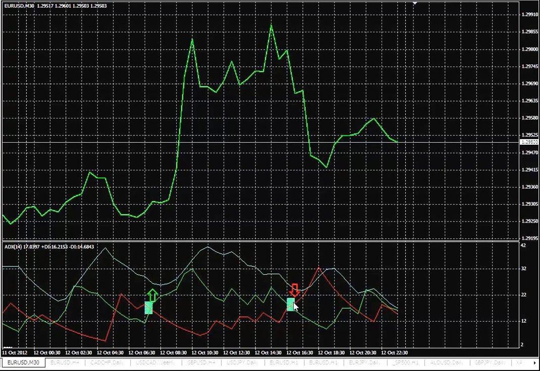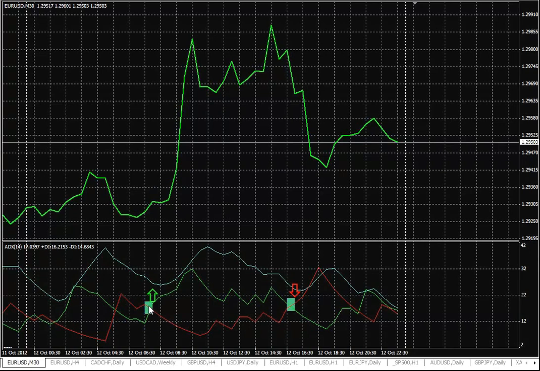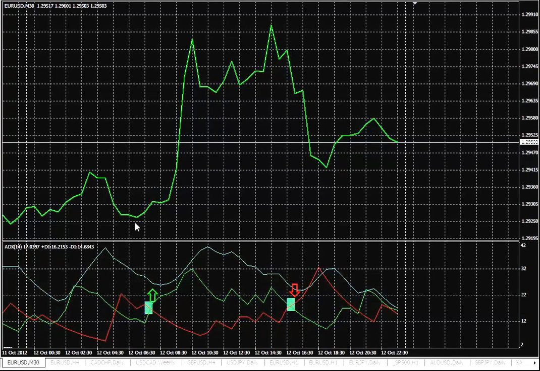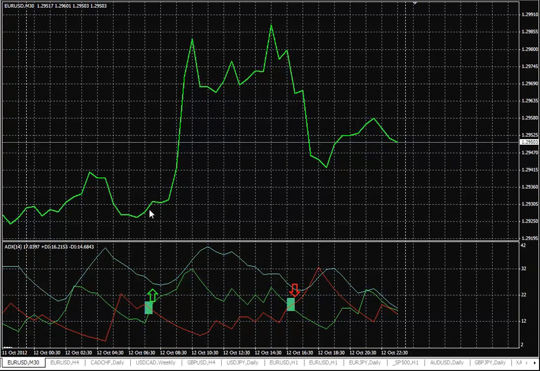So if you see a crossover here which is bullish, which is bearish, sorry, and at the same time you see such an acute angle here, jump in. If you see a crossover here with a directional change, this is not acute here, but it's a directional change, jump in.